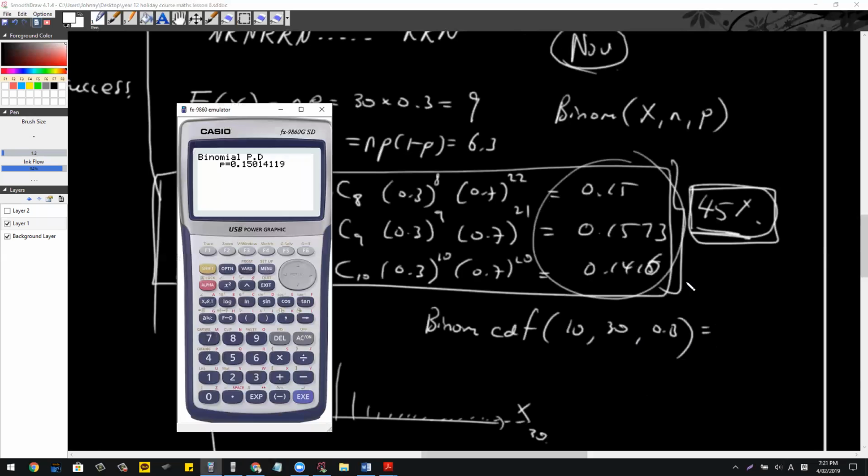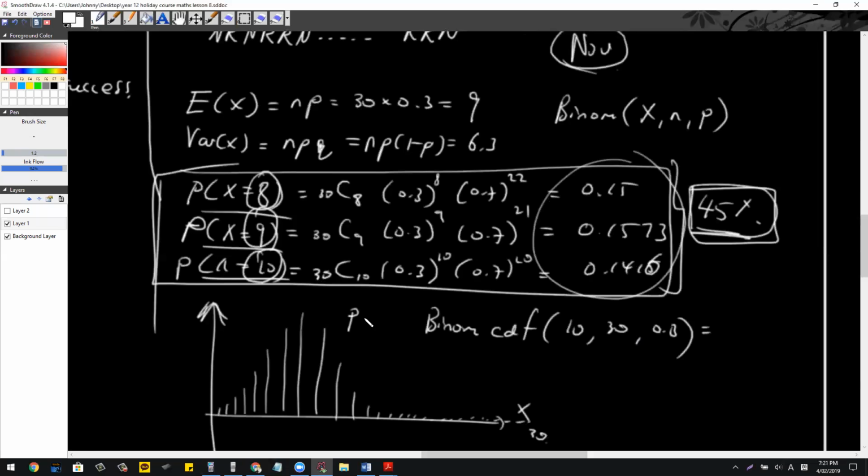This is the probability that X is less than or equal to 10. So I'm calculating the probability of 0 days, 1 day raining, 2 days raining, etc., all the way up to 10 days raining.